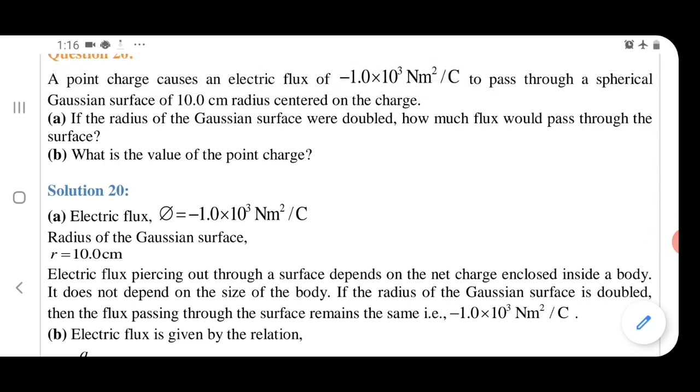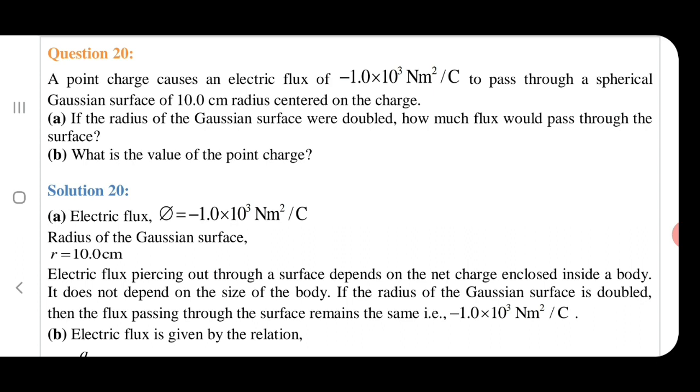Will there be any difference in flux if the radius is doubled? No, that is the answer. Because flux is given by what? Phi is equal to Q by epsilon 0. Flux depends only on the charge enclosed by the surface.